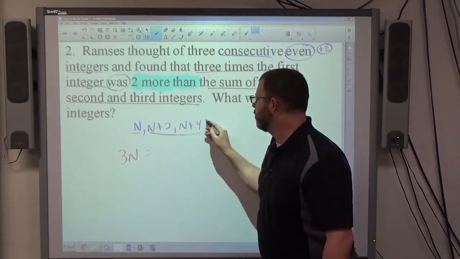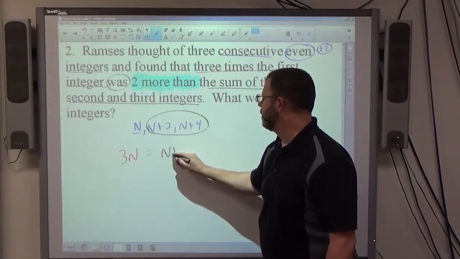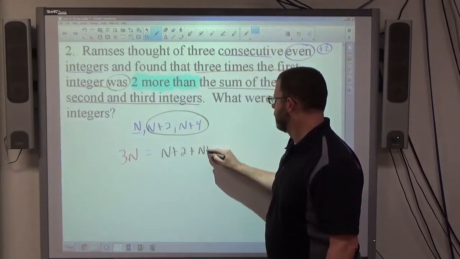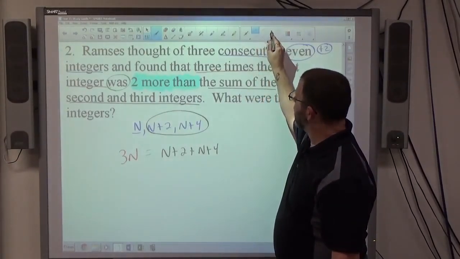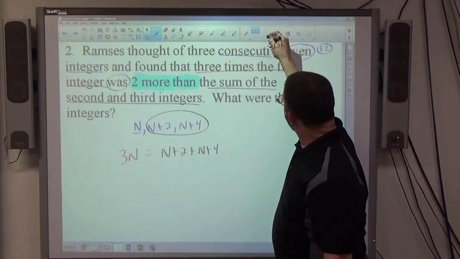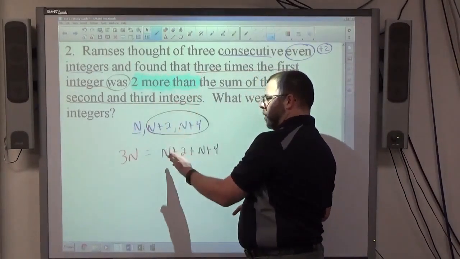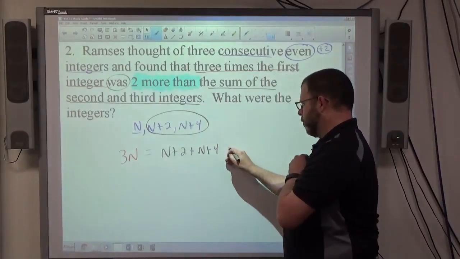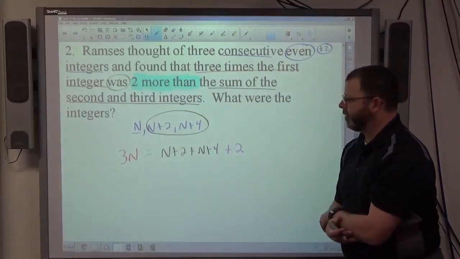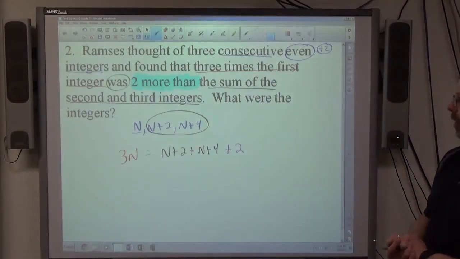So the sum of these 2 integers, which means add those up. And again, the was 2 more than happens after the word was, so after the equal sign, so we're going to put a plus 2 on the right hand side to fix it. So that's our first priority, to write an equation.